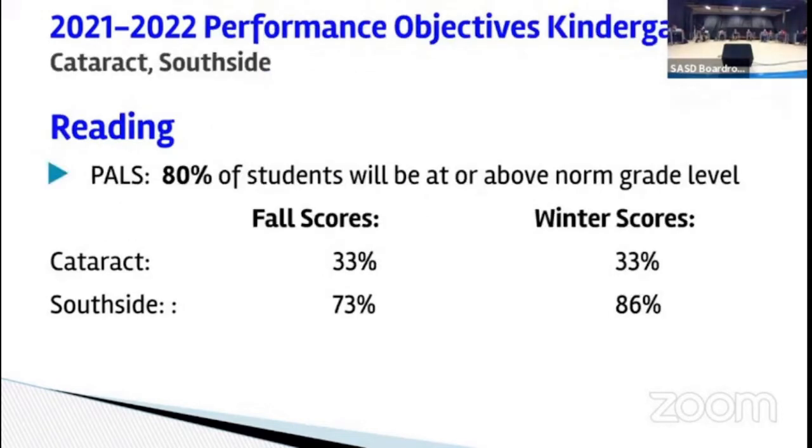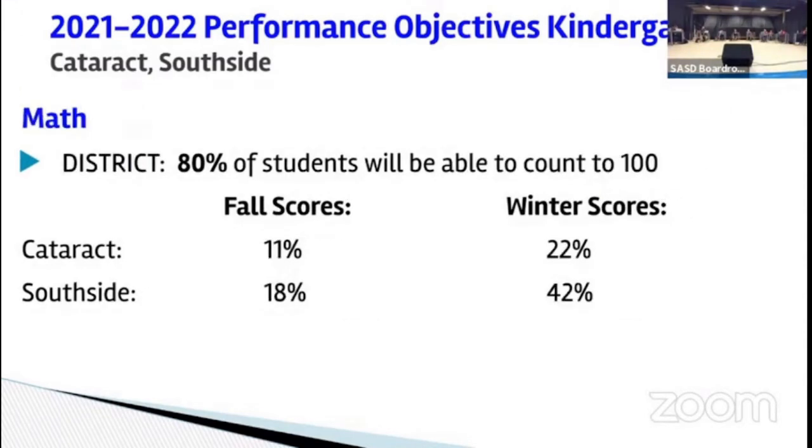And so here are the performance objectives for kindergarten. For reading, PALS, 80% of the students will be at or above norm grade level. And you can see the fall and winter scores for both schools. And then the math, 80% of our students will be able to count to 100. And you can see the fall and winter scores.